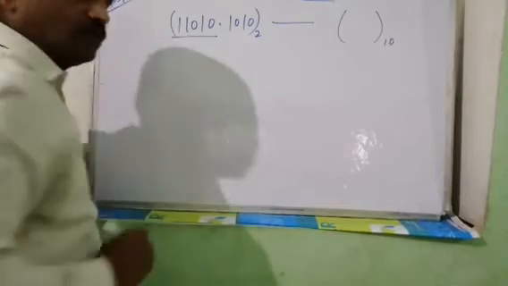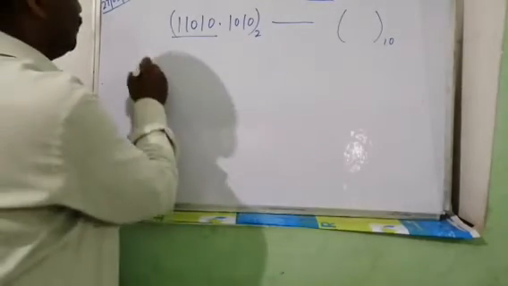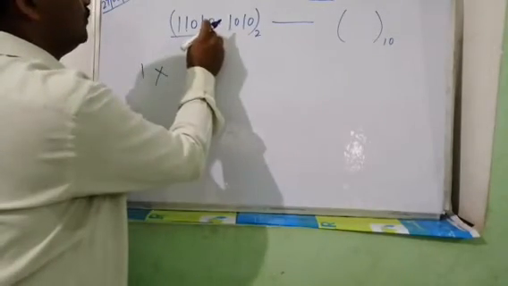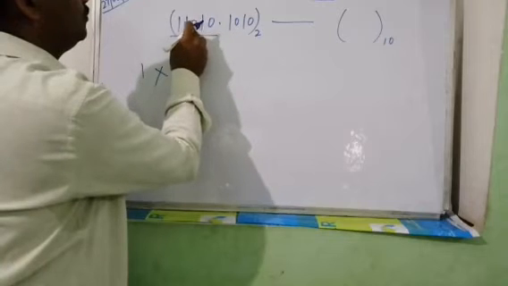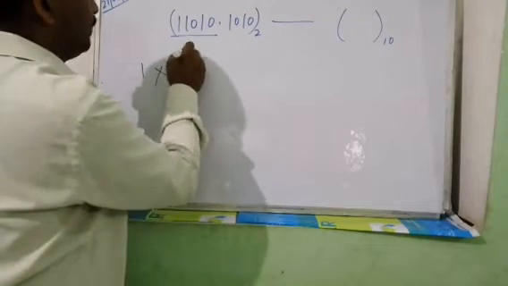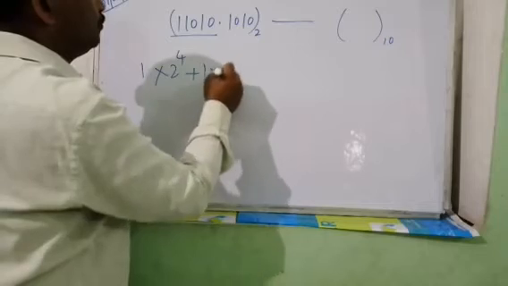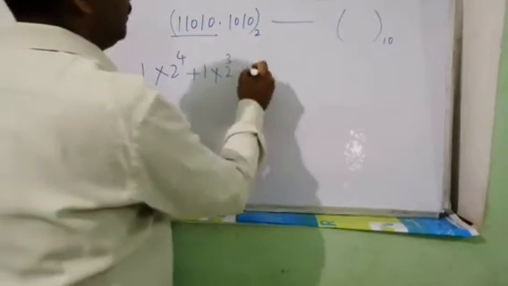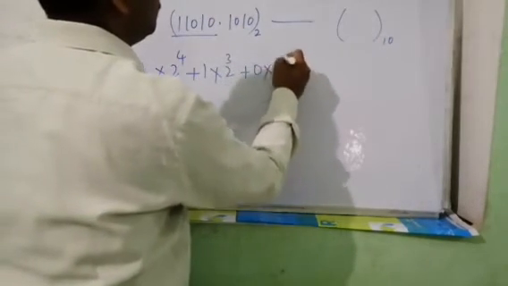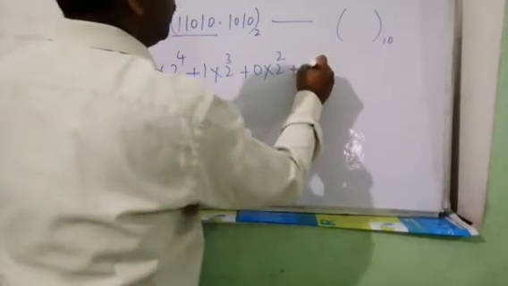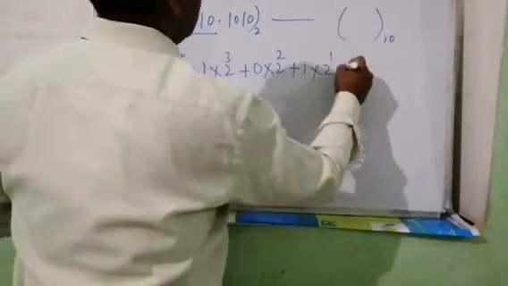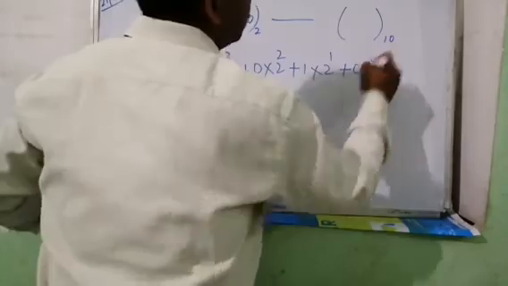So let us calculate this one. 1 into 2 to the power 4 plus 1 into 2 to the power 3 plus 0 into 2 to the power 2 plus 1 into 2 to the power 1 plus 0 into 2 to the power 0.